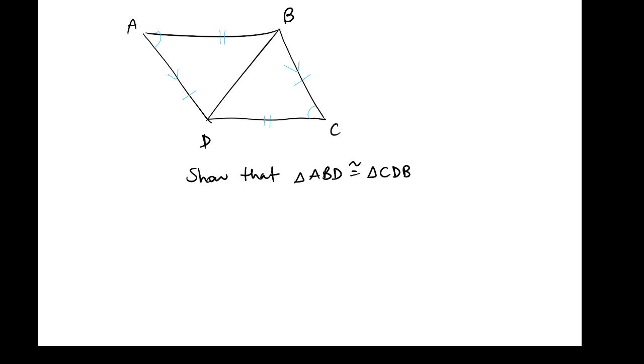All right, so here we go. What we're working with here is that we're going to show that these triangles are congruent, right? All the angles and all the sides, right? Just demonstrating that these are two completely congruent triangles.